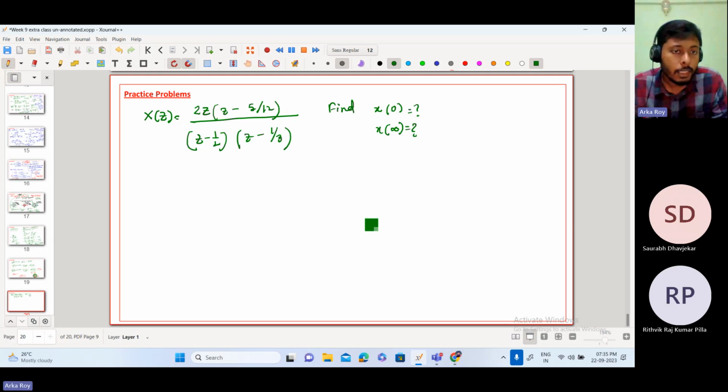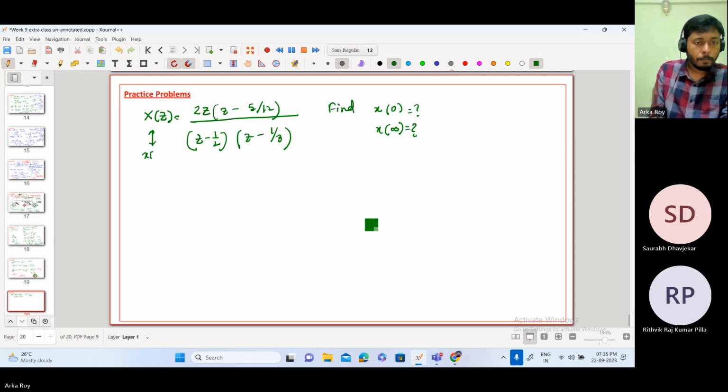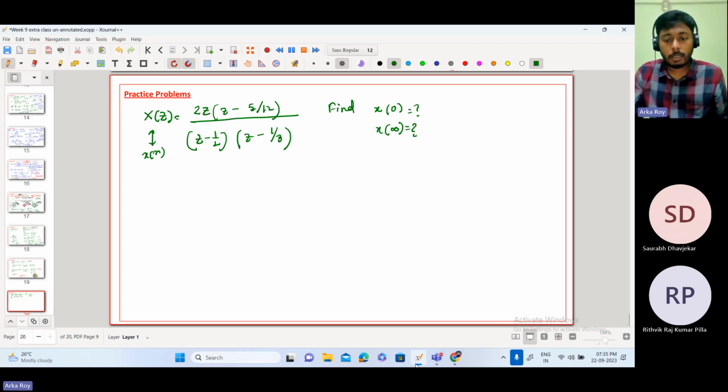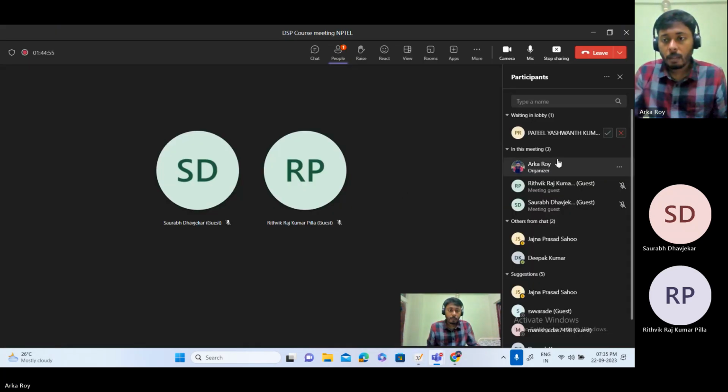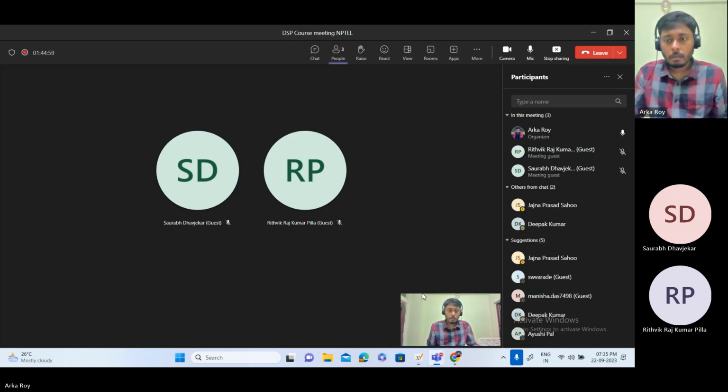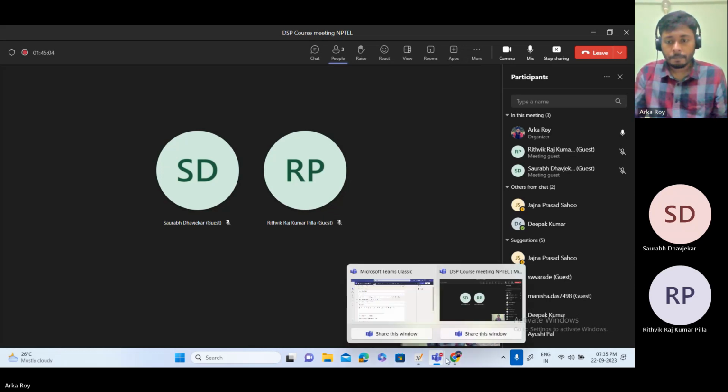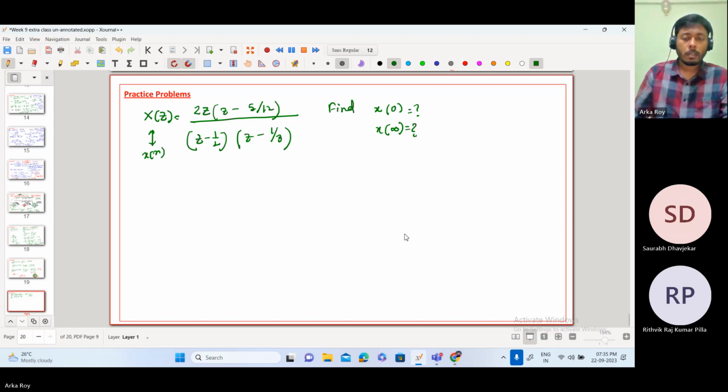You have been given the Z transform of a signal x of n, and now you have been told to find the x of 0 and x of infinite from this Z transform. For this particular question, can you tell me how to proceed?